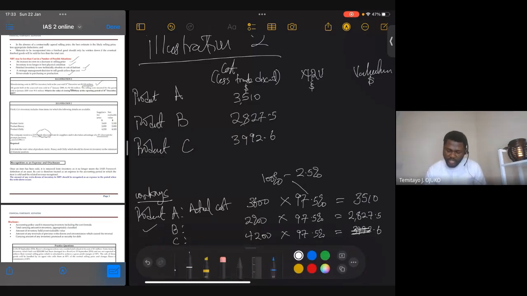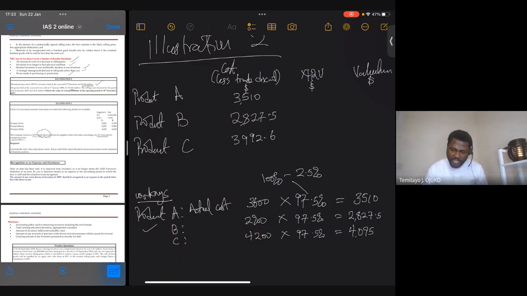So let's quickly work that back. This is wrong. This gives us 4,095. Apologies for that. Okay, so we have a 4,095. Right. Now let's just quickly bring in our net realizable value.